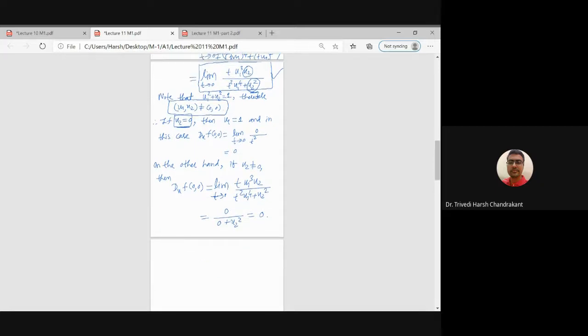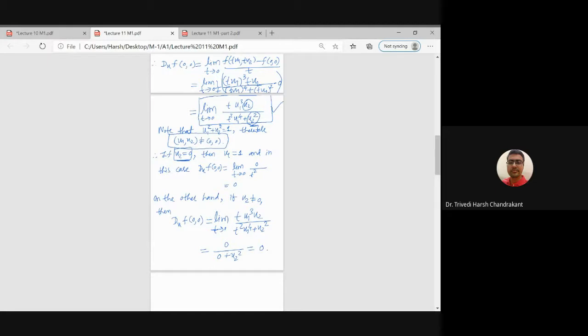So what did we prove? We found the directional derivative for every unit vector u1 comma u2, and the directional derivative is 0 in all the cases, because whenever we have a unit vector whose second coordinate is 0, the limit is 0. The unit vector whose second coordinate is non-zero, in that case also the directional derivative is 0. And all the unit vectors have only these two possibilities for the second coordinate.